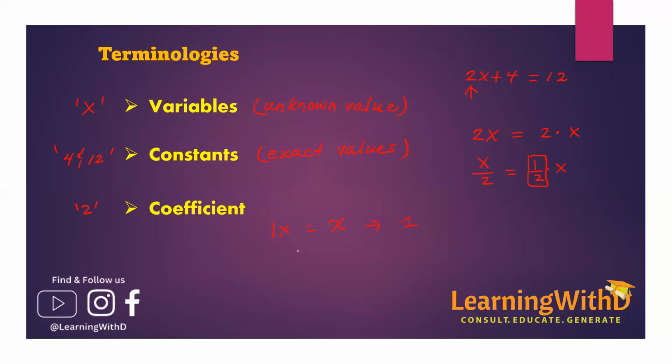We just write the variable. But the 1 is there. So if you are ever asked in a question, what is the coefficient of y? You don't see a number in front of it. The answer is 1. Okay, so we will get into that some more.